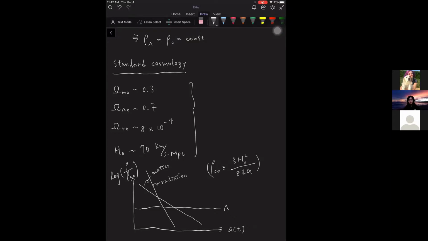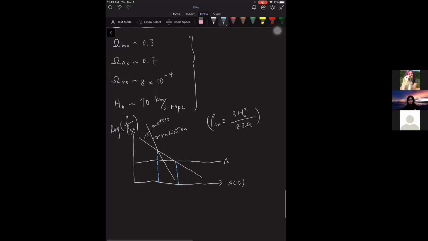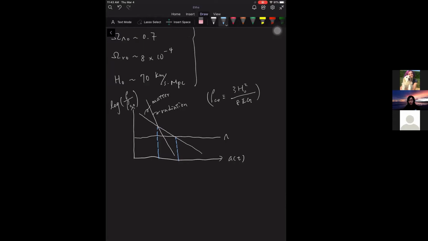for radiation, okay? So now with this plot, we can see that there is a specific time where the dark energy has the same amount as matter. And there's also another time that the matter has the same amount as radiation, right? So we can determine the time at these two specific times.